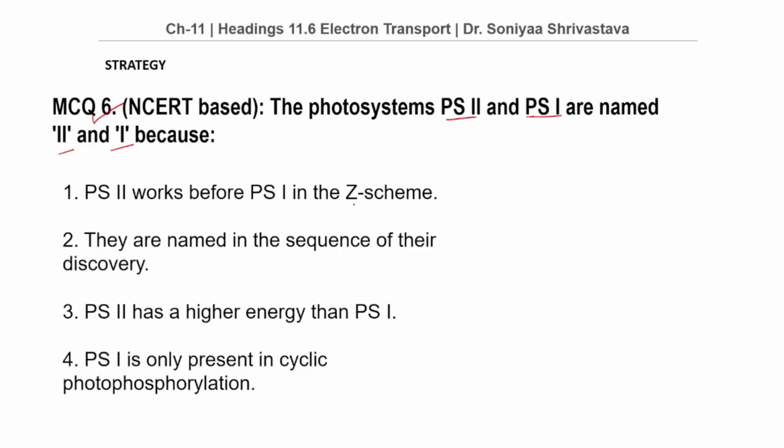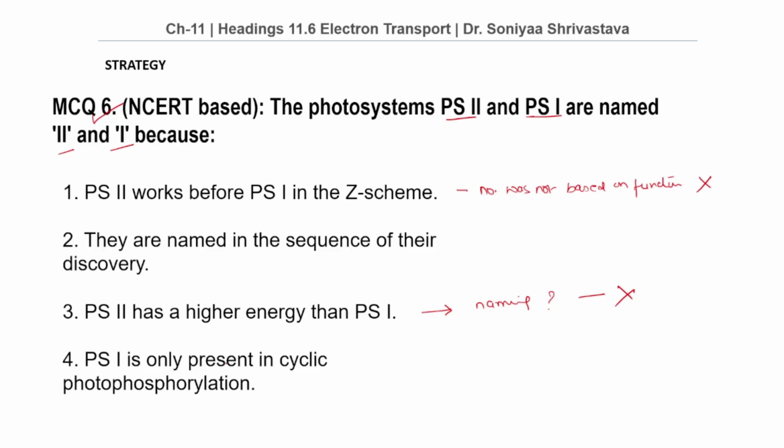Student, this is a correct statement that in the Z scheme, that is the non-cyclic electron transport, PS2 works before PS1, but the numbering was not based on the function. So this statement is wrong. Now see option number 3. PS2 has higher energy than PS1. While wavelength differences affect energy, this has nothing to do with naming. So this option is also wrong.